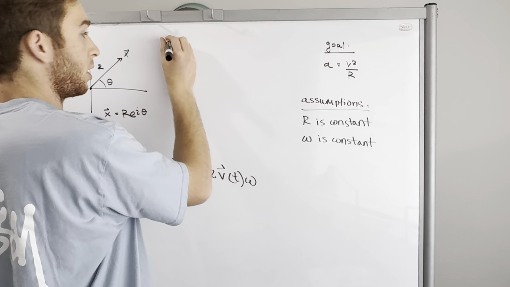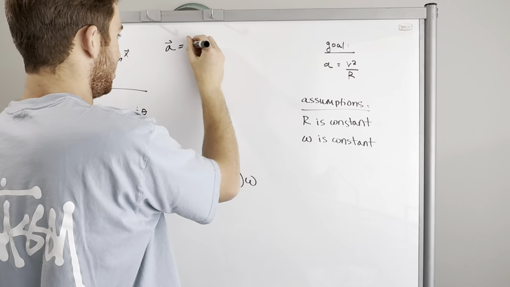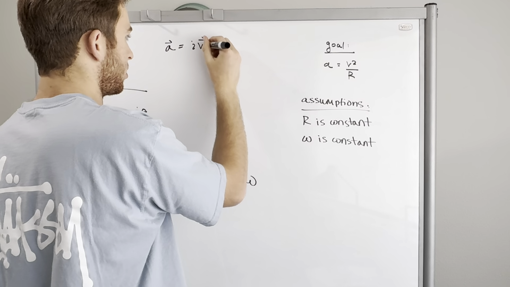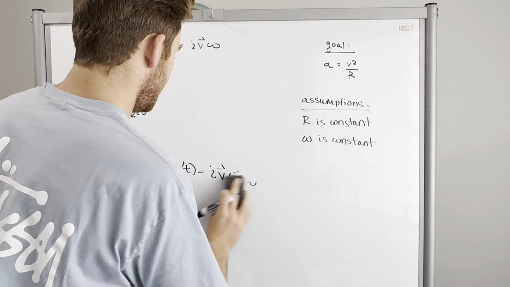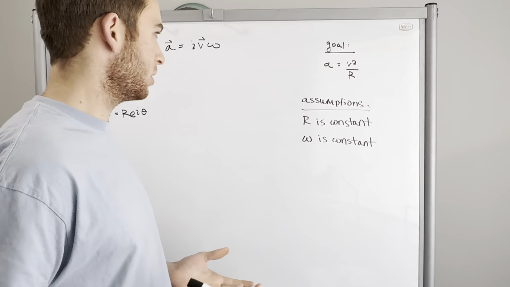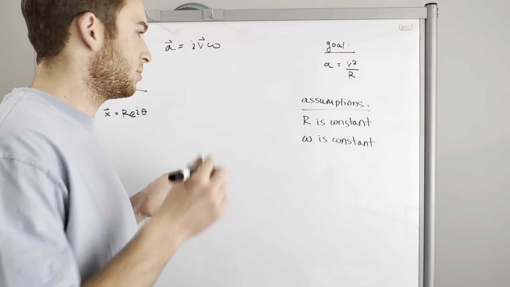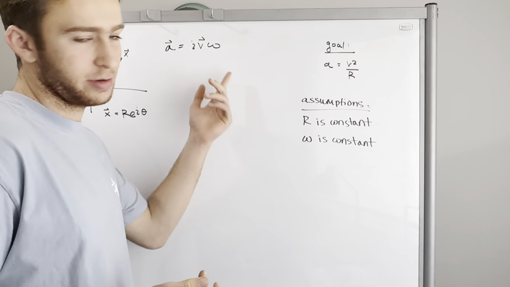I'm going to drop the t notation, and just write a instead of a of t, and the same thing for the velocity. So i times v times w. Next, I'm going to find the magnitude of the acceleration, right? I'm turning a vector quantity into a scalar quantity by taking the magnitude of this.